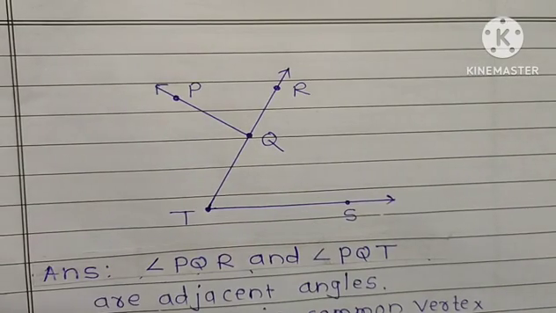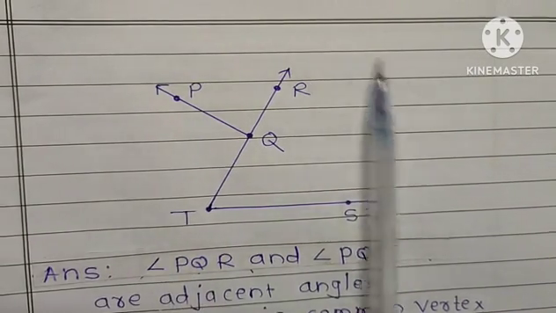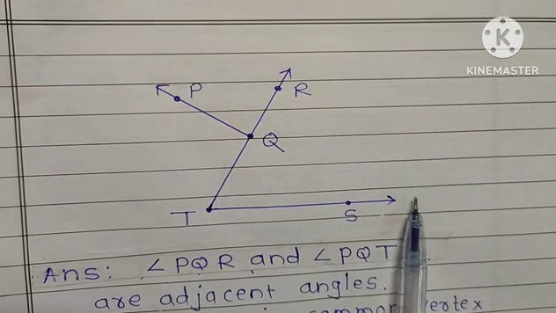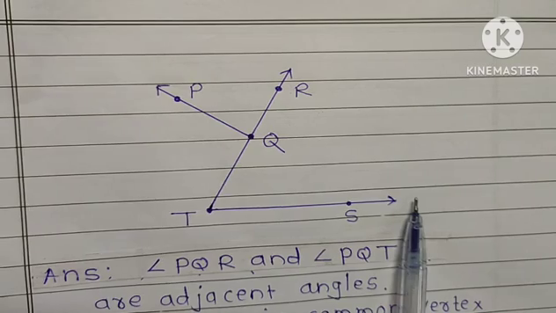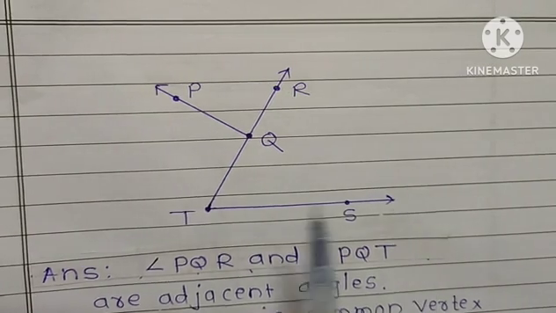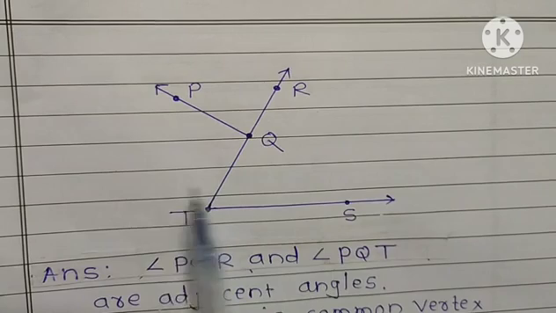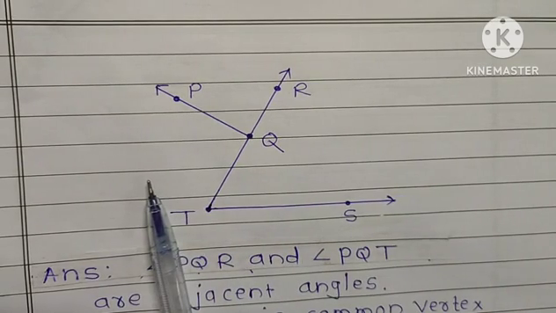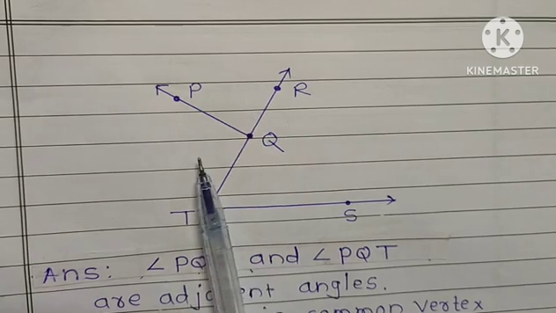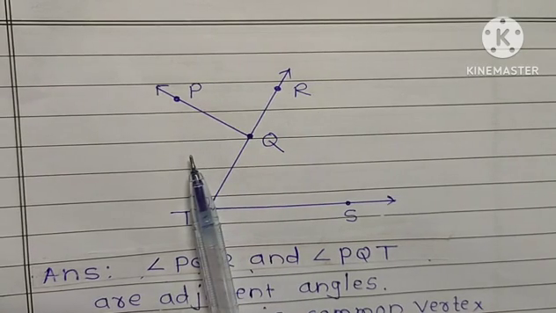Now in question number 2, one more figure is given and we have to write adjacent angles. So this is the figure. If you observe this figure, you find only this pair is adjacent angles.